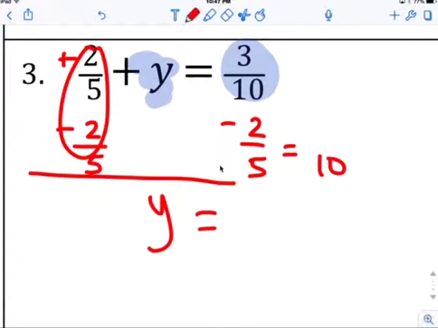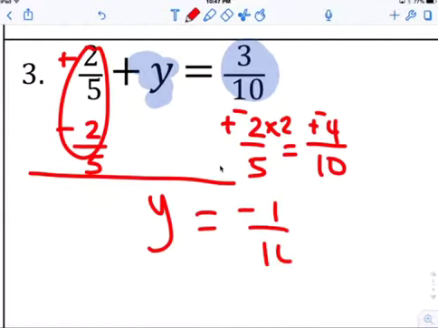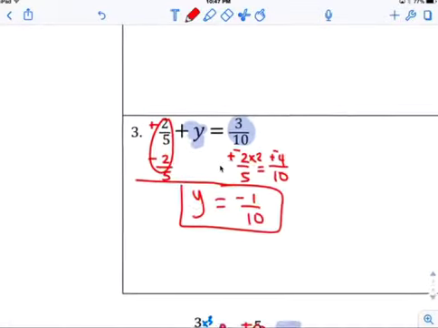So 10 times 2, you get negative 4. Or plus a negative, you know, any minus is a plus negative, right? That's a negative 4. Add 3. So you subtract because there's one negative. So that's negative 1 over 10. 4 minus 3 is 1, and the bigger number takes the sign.